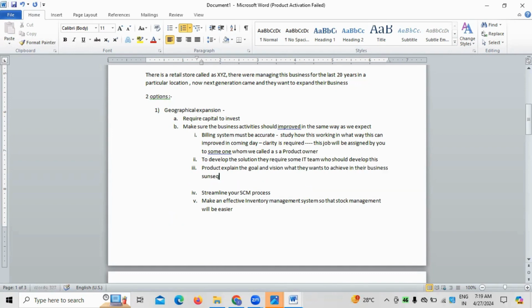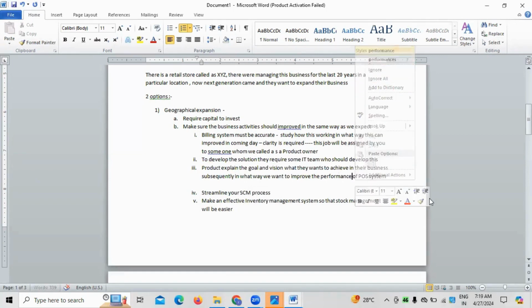Subsequently, in what way we want to improve the performance of the POS system. This will be explained to the technical team.